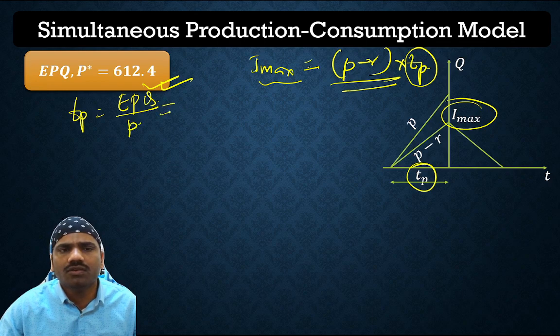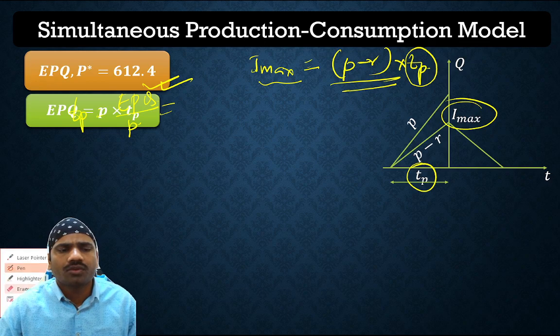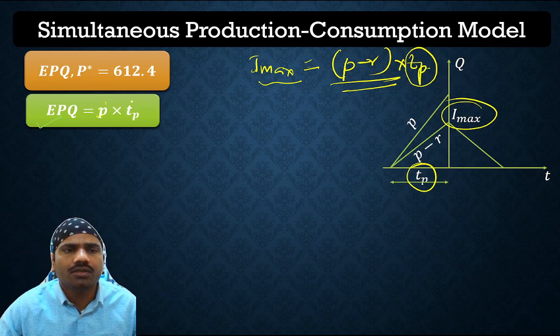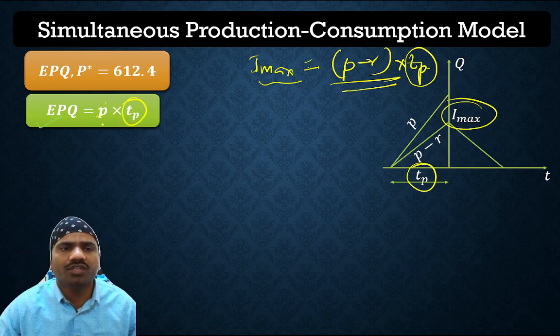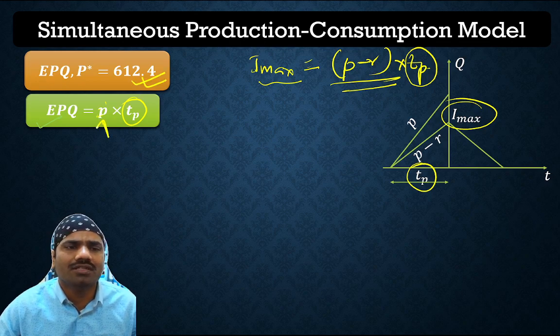So with this formula we can find TP. TP is EPQ by P, and EPQ is 612 and the production rate is 100.